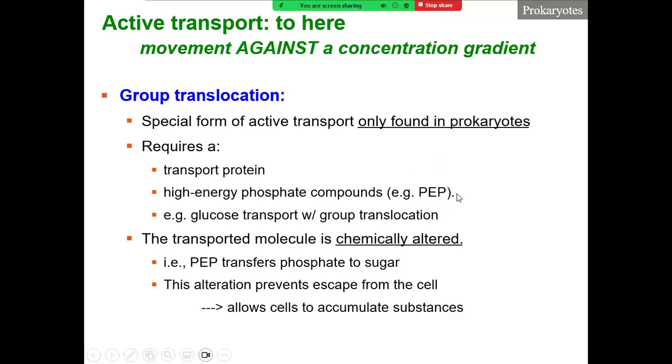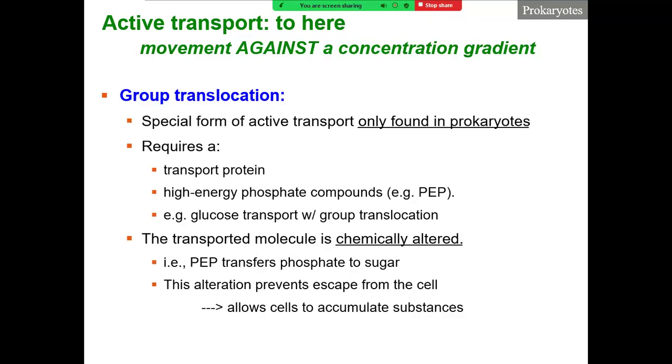You don't really need to know about PEP. And when the molecule is moved through the protein, the molecule is chemically altered. So glucose moving into the cell by group translocation moves against its concentration gradient. The cell does need to spend energy to move the molecule against its concentration gradient.